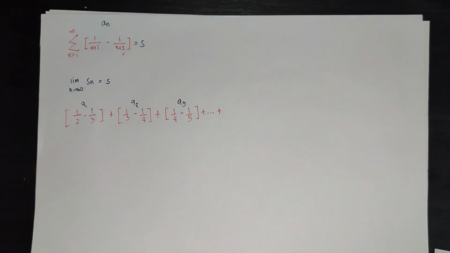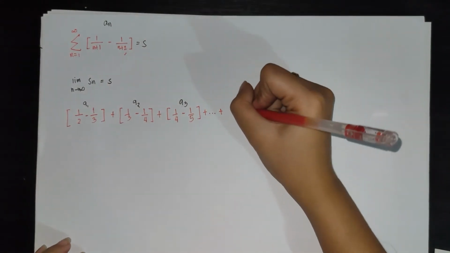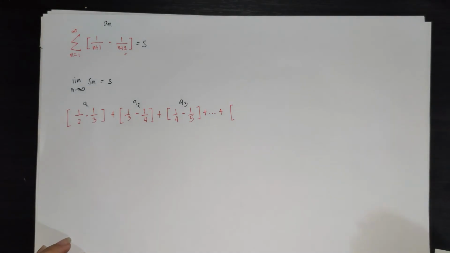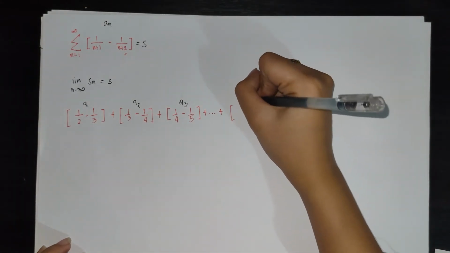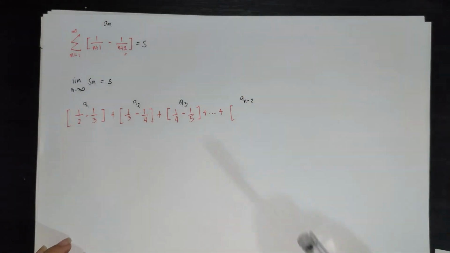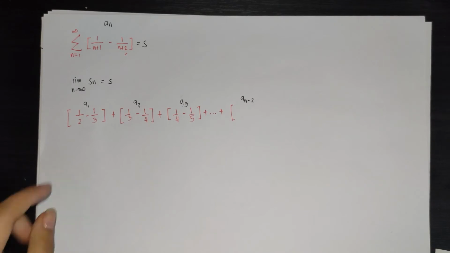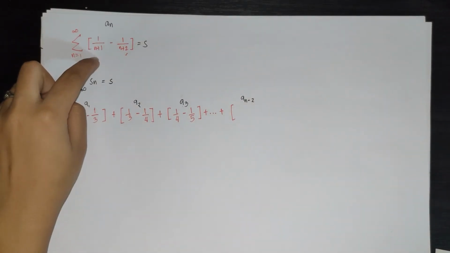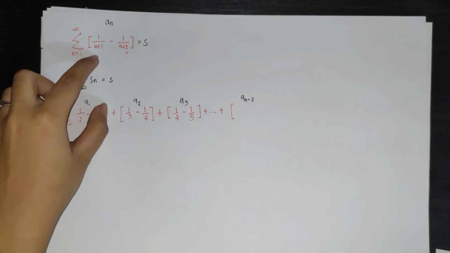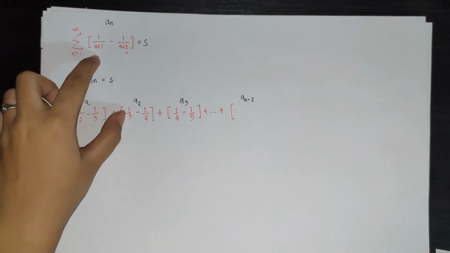Now let's get a sub n minus 2. So replace n with n minus 2. So we have n minus 2 plus 1. So that's going to be n minus 1.